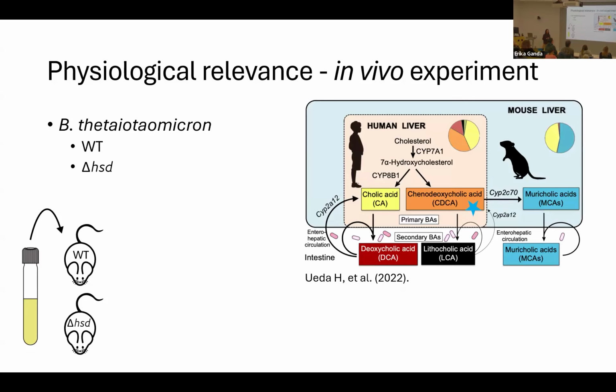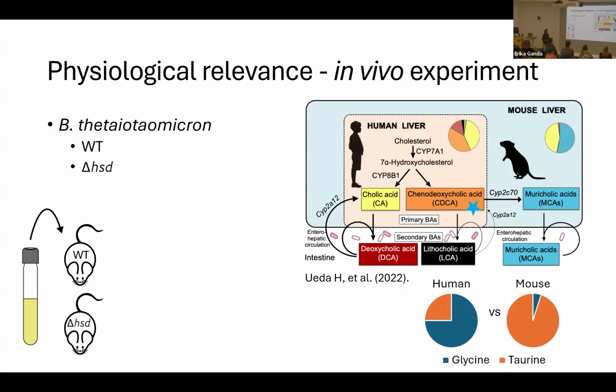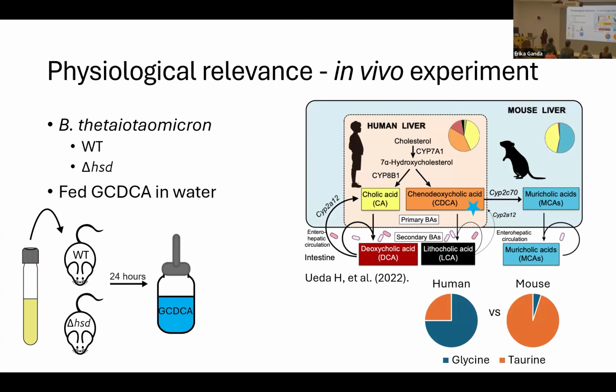So not only do mice not have chenodeoxycholic acid, but they don't really have glycine conjugated bile acids at all. And so what we did, which worked, was that we put GCDCA into sterile water and we fed it to the mice. So after 24 hours of inoculation, we swapped out their water and they were drinking GCDCA.